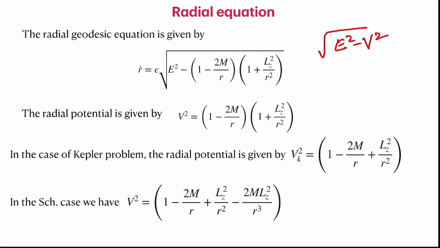Do the same trick and you would get a radial equation with the potential. Now note that this 1 here has no specific significance. I simply added it in the Newtonian mechanics. You won't actually get it. A value of one constant added to the potential does not make any sense.